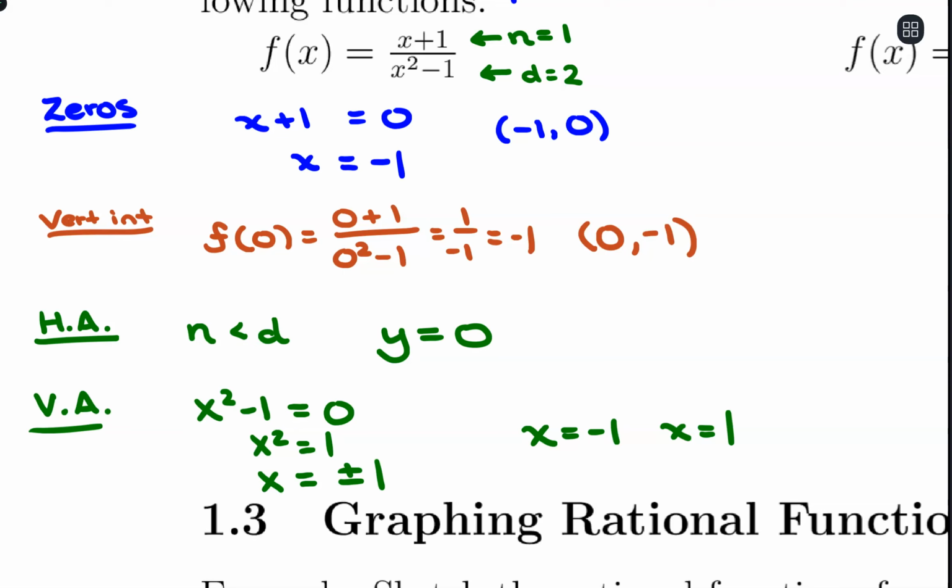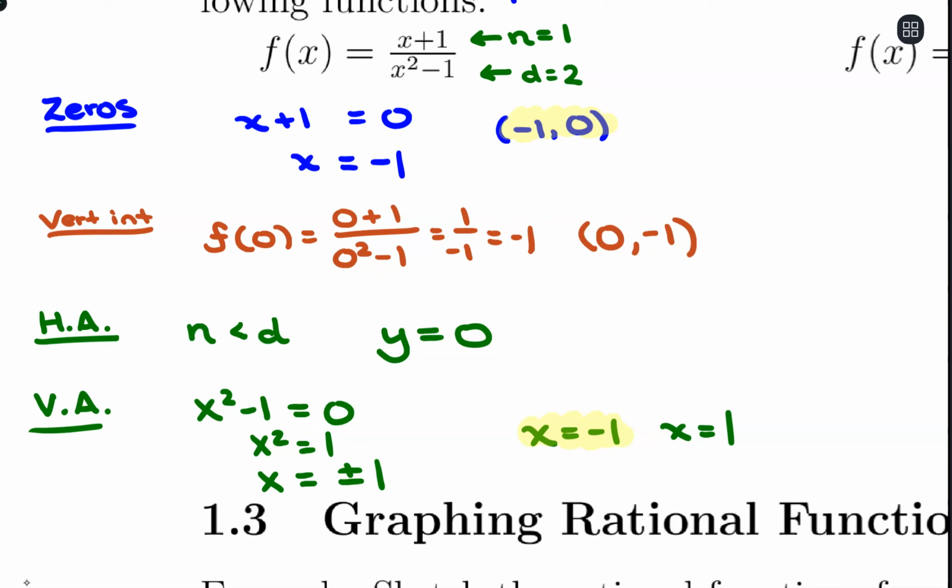Something we'll notice here is how x equals negative 1 is coming up as both a vertical asymptote and a 0, and that's an issue, because what that means is that when I go and try to plot that 0 at negative 1, 0, it's actually undefined there. We can't plug in x equals negative 1. So I'm just going to highlight that, and I'll talk about that when we get to actually graphing it.